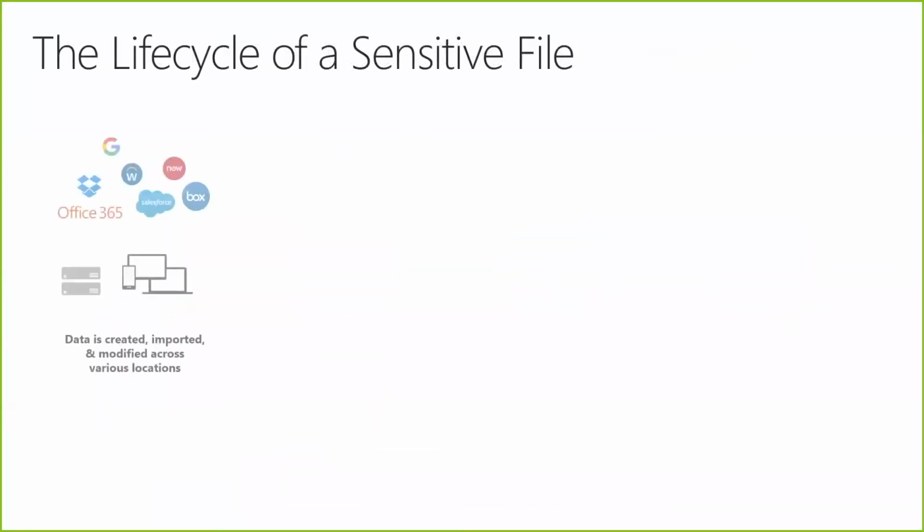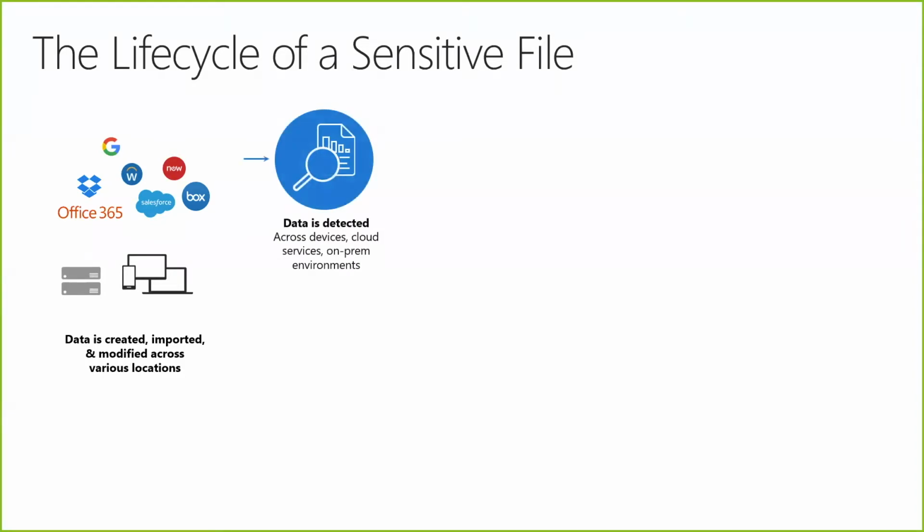Let's go a little bit deeper. So this is a typical life cycle of a sensitive file. The file is created maybe in your OneDrive, or maybe in your Box folder, or you set up the file on your local hard drive. And after this, you say, okay, this is sensitive data.